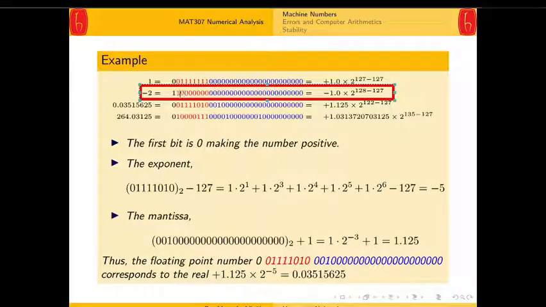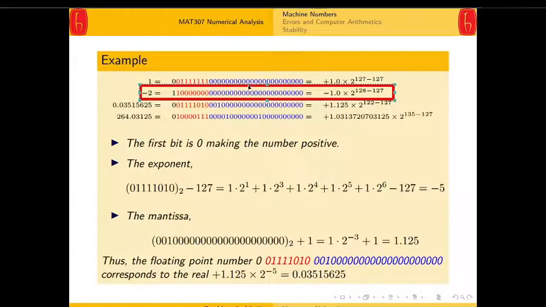And then in the exponent, in the 8th place, we have 1, so this will be 2 to the 8. 2 to the 8 is 128. If you subtract 127 for the bias, this means we have 2 to the first power. -1 times 2 will give us -2.